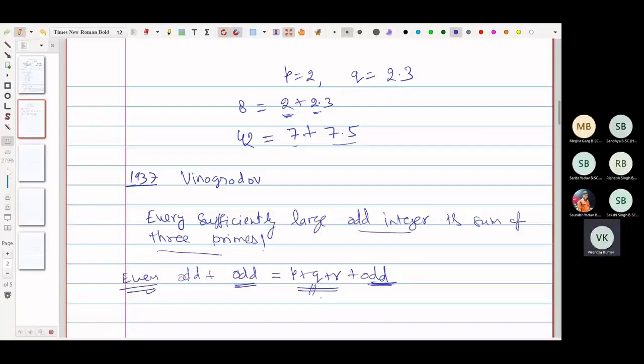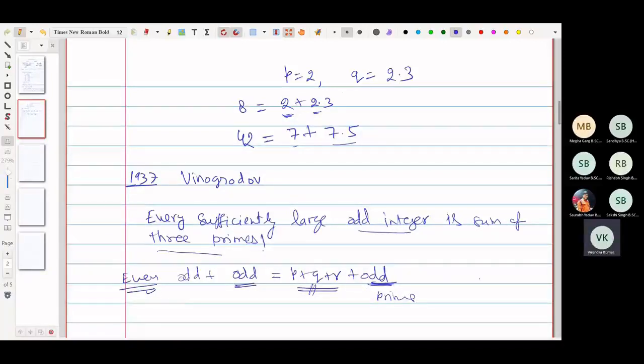But this is optional. This may be prime, or this may not be prime.